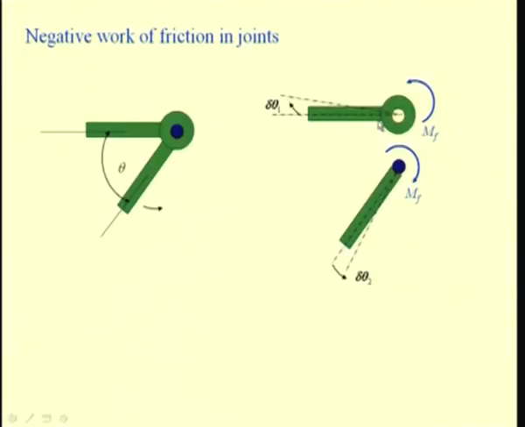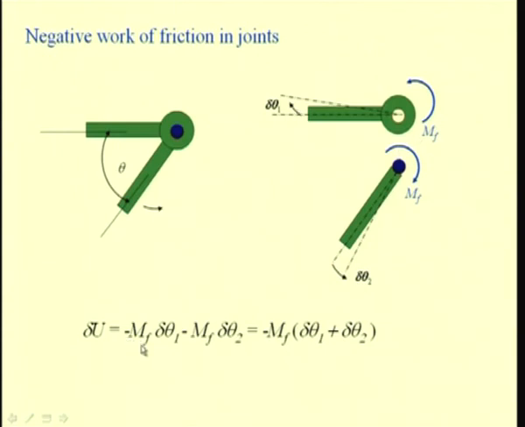So, if you would like to find the total work done by these frictional moments, that is delta U, since both these are against this virtual displacement, they have this negative sign.